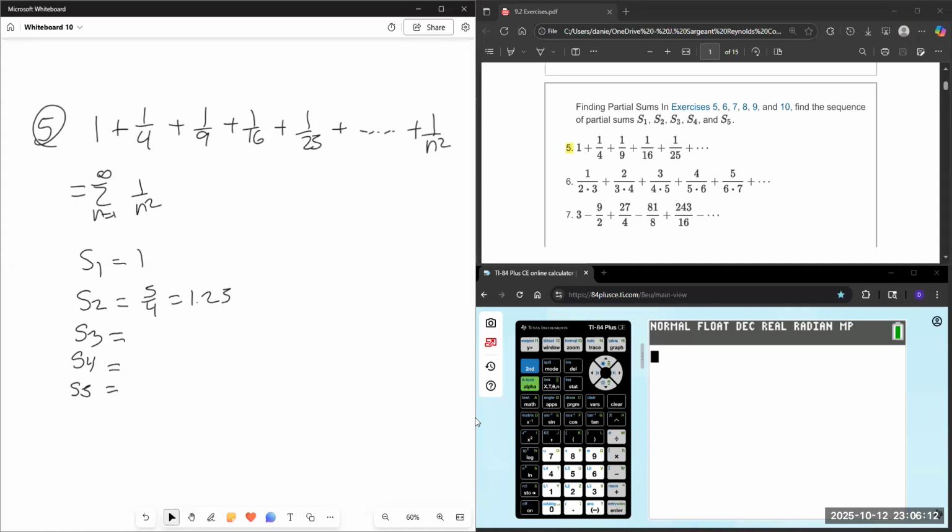Then I'm going to add a 1/9 to that, which is going to be 1.361 repeating. I'll call that, to 4 decimal places, 1.3611.